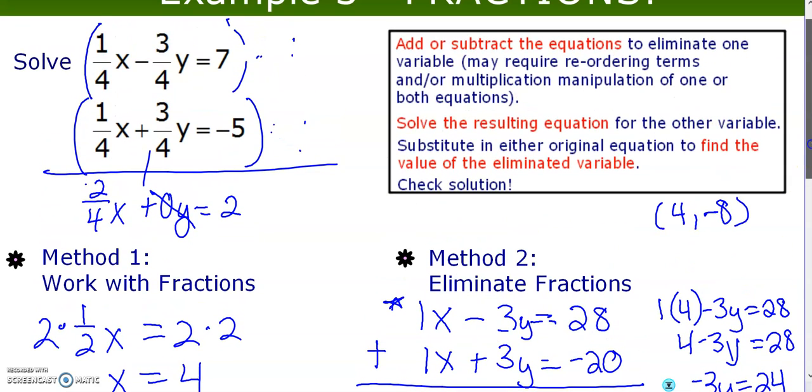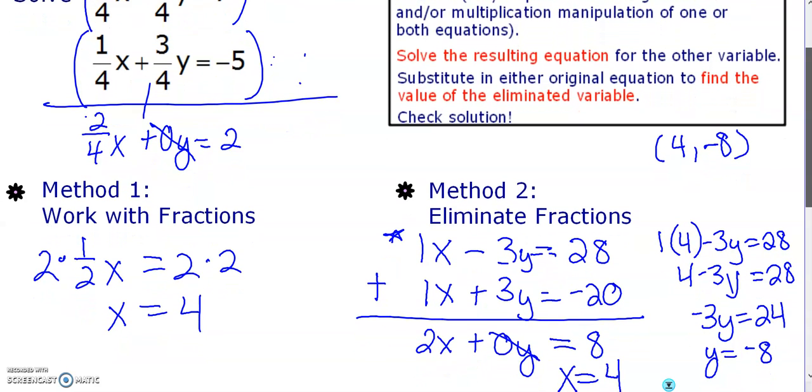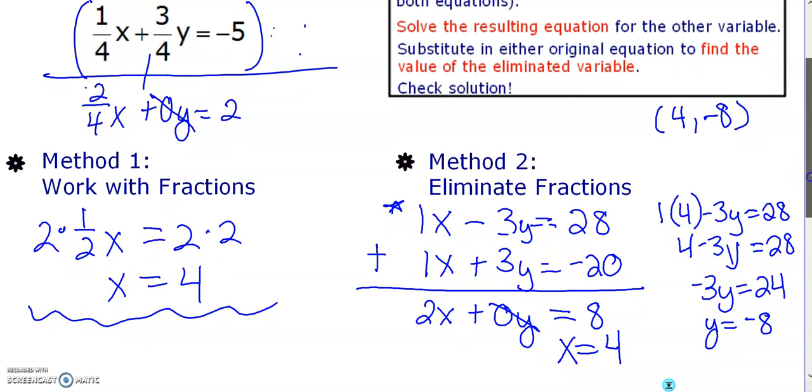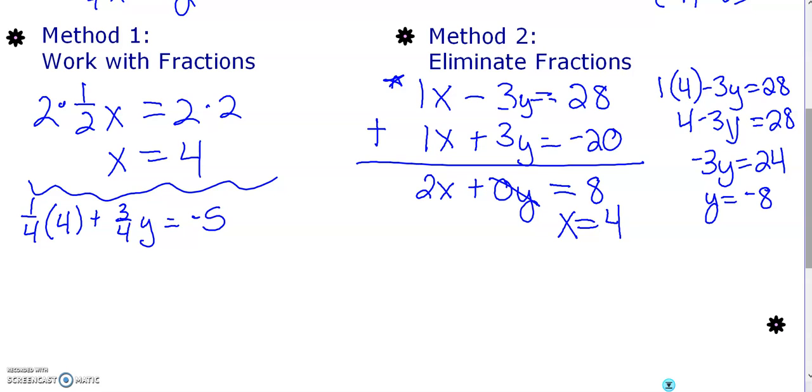And then I just have to take the 4 and plug it in and solve. So I'm going to plug it into the second equation since I can see that on my board here. So I'm going to say 1/4 times 4 plus 3/4 y equals -5. 1/4 of 4 is 1.